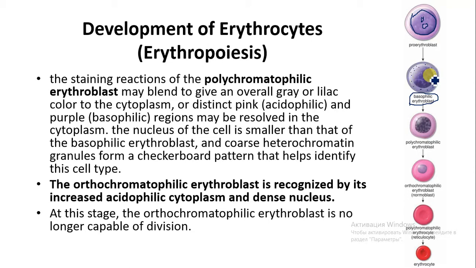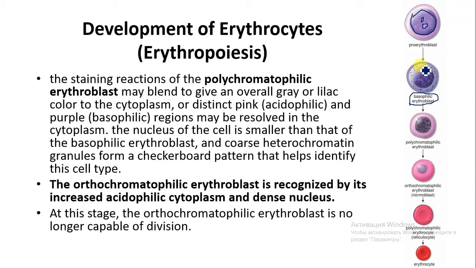One more point: these ribosomes are free ribosomes. They are not related to the rough endoplasmic reticulum. These ribosomes are free because they need to produce their product inside the cytoplasm. We need to collect this hemoglobin inside the cytoplasm. So this is the basophilic erythroblast.